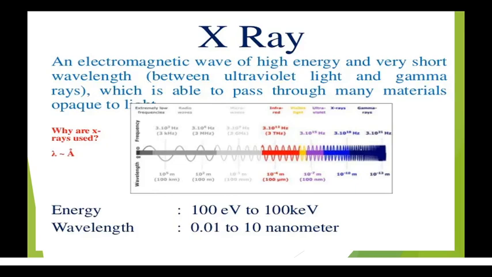Here we are going to study the diffraction of X-rays, and we cannot use a diffraction grating as a device to observe X-ray diffraction, because the slit width should be of the same order as the wavelength of the light being used.